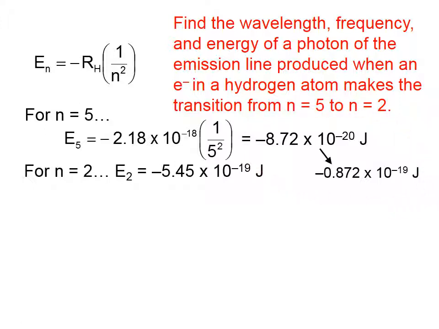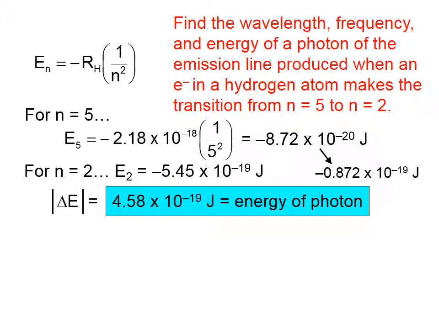So what we want to do is find the difference between the energy that the electron had when it was in the 5th energy level and the energy that it has when it's in the 2nd energy level. And that difference is right here, 4.58 times 10 to the negative 19th joules. That's the difference between this number and that number right there.